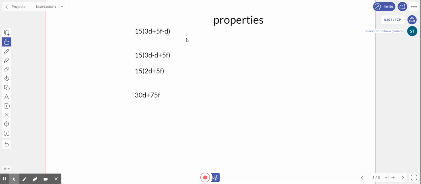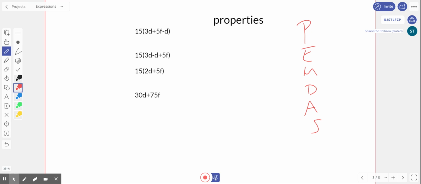So this goes with our expression unit because all we are doing here is simplifying this expression down to its lowest terms. So we have 15 in parentheses 3b plus 5f minus b. Remember, what this means is that this 15 is going to be multiplied by all of those things inside of the parentheses. Going back to our order of operations, we remember it's parentheses, exponents, multiply, divide, add, and then subtract.